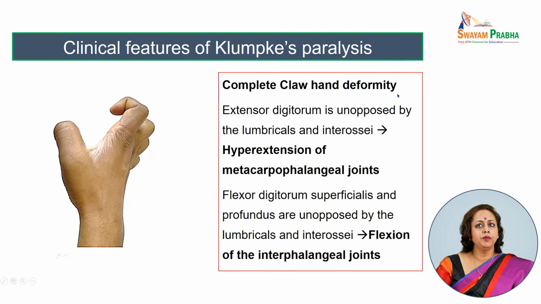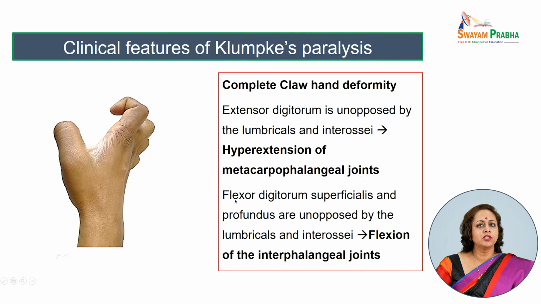So you get a complete claw hand deformity. The extensor digitorum is functioning because it is supplied by the radial nerve. It's functioning unopposed because the lumbricals and the interossei are paralyzed. So what do you get? Hyperextension of the metacarpophalangeal joints.